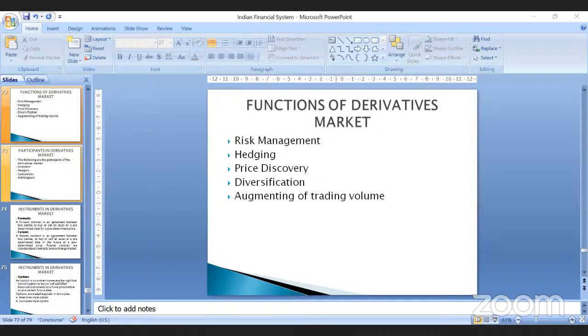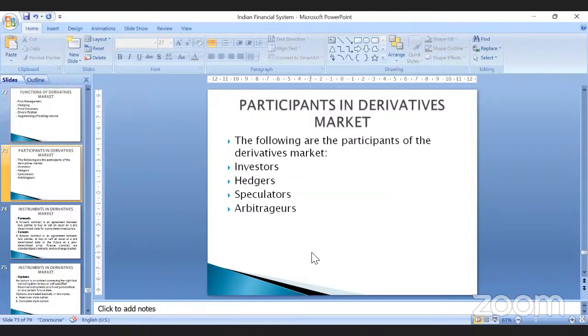Now, whenever we are talking about the participants in derivative markets, there are different participants. The first participants are investors. Investors are the participants who enter the market with an objective to invest their money and earn some financial returns on their investments.